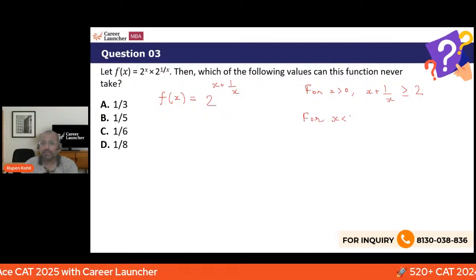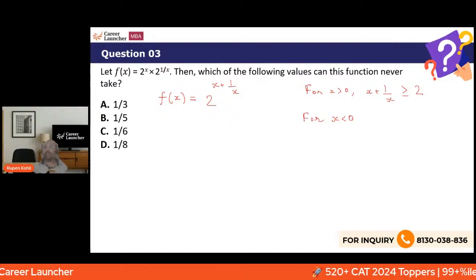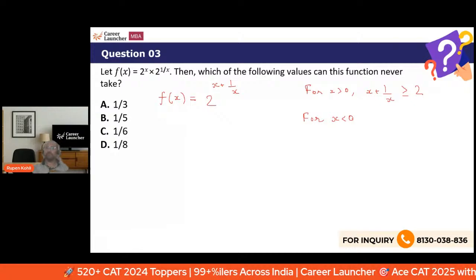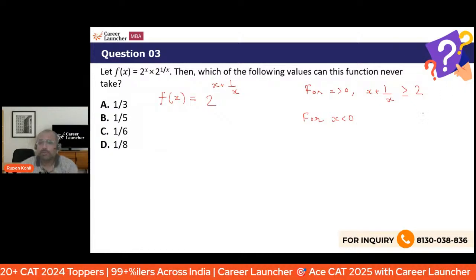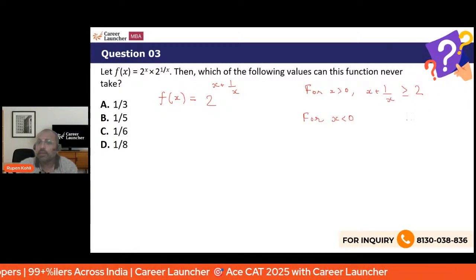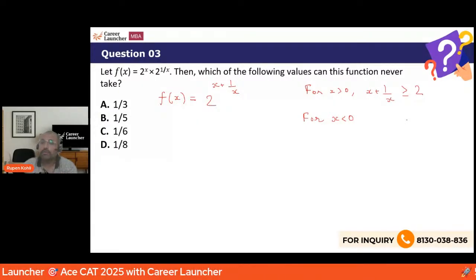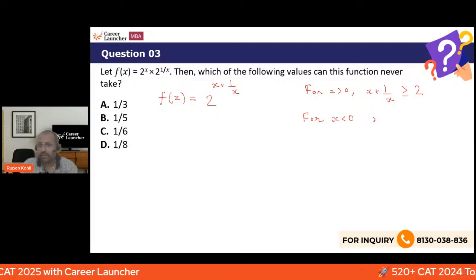So definitely we are analyzing this function when the power is negative. So for negative values of x, in a very similar manner, at x equal to -1, the function takes its maximum value, right? For x equal to -1, the value becomes -2. And for any other value of x which is negative, the value is less than -2, right? For example, let's check at x equal to -2.